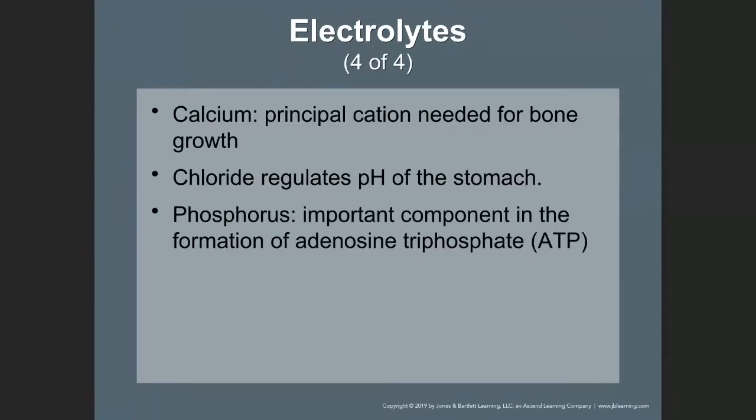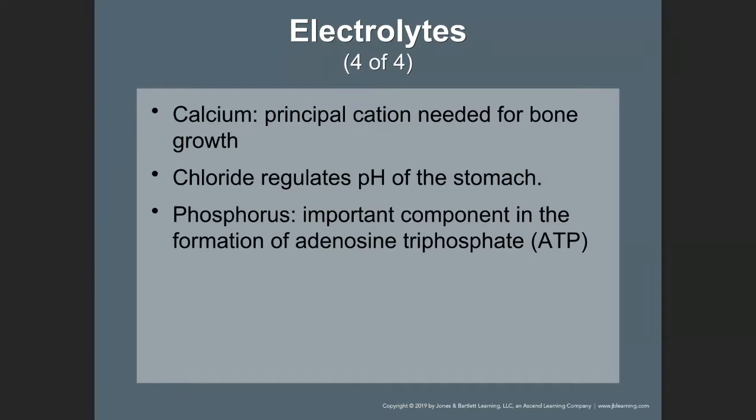Calcium is a principal cation needed for bone growth. Chloride regulates the pH of the stomach, and chloride is an anion.